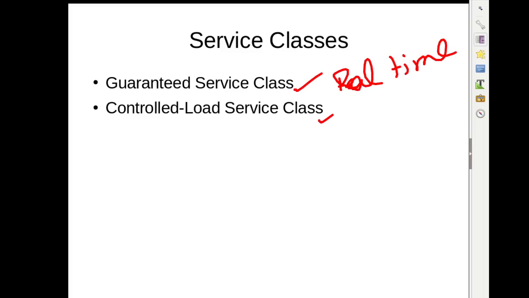The end-to-end delay is the sum of the delays in the routers. At one router we have some delay, at another router some delay. So whatever the sum of delays is, that is the end-to-end delay, and we want to minimize it. So for guaranteed service, there is a threshold, so that we cannot have more than this minimum delay.